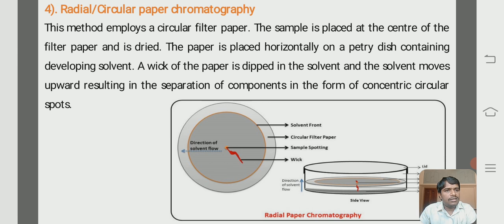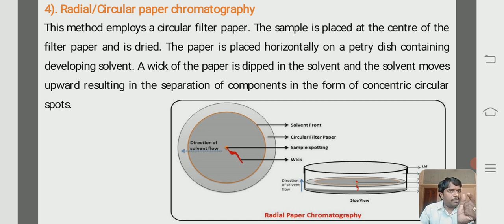We can see the petri dish here, and we have to place the paper horizontally on that petri dish. This petri dish contains a solvent, which can act as a mobile phase.